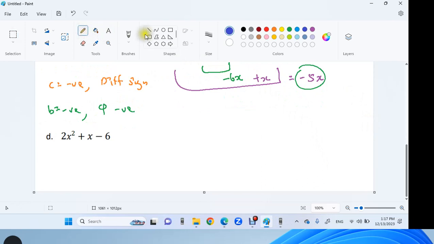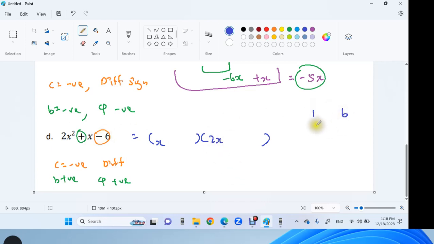For this question, C here is negative value, so different sign. And the B is positive, so the larger one is positive value. So over here, we have the x and 2x, because 2x squared, so x and 2x here. 6, we have 1 times 6, 6 times 1, 2 times 3, and 3 times 2.